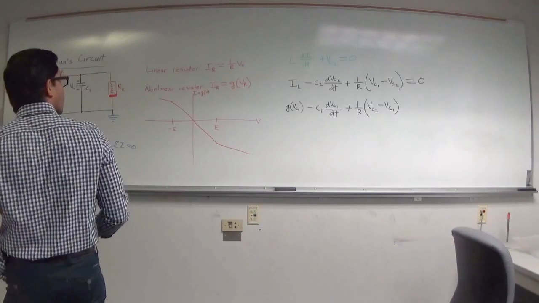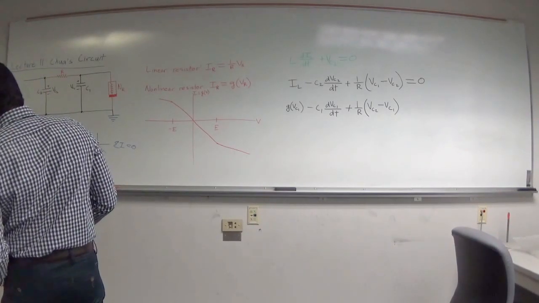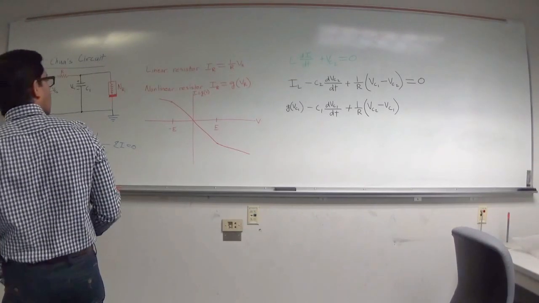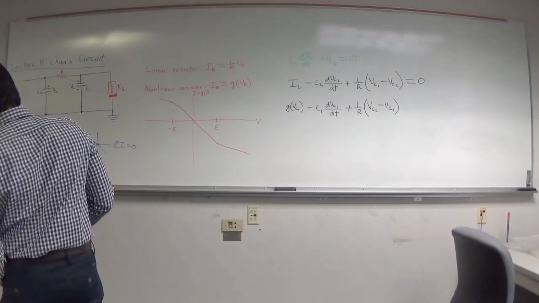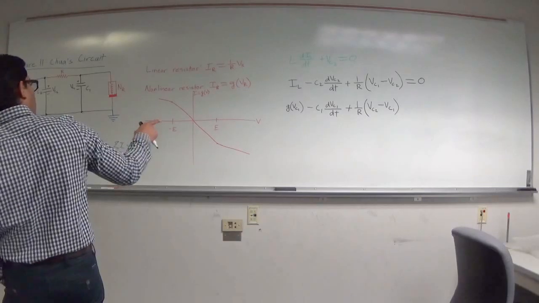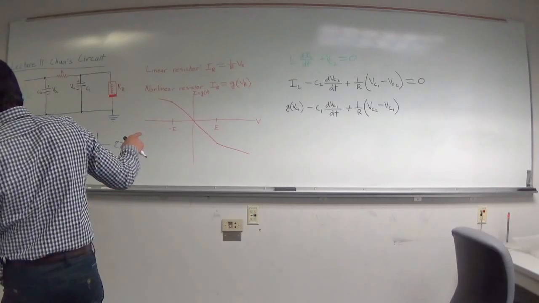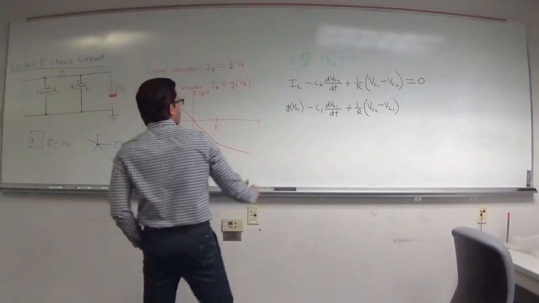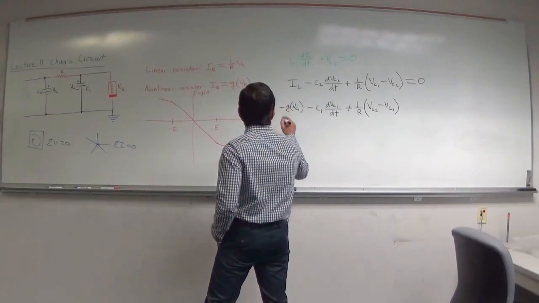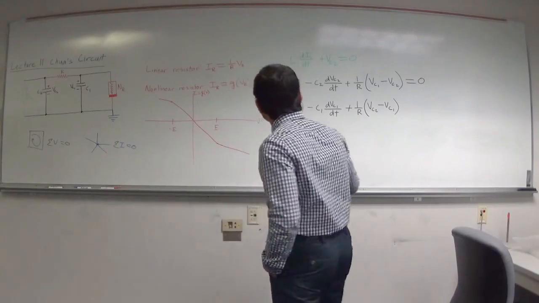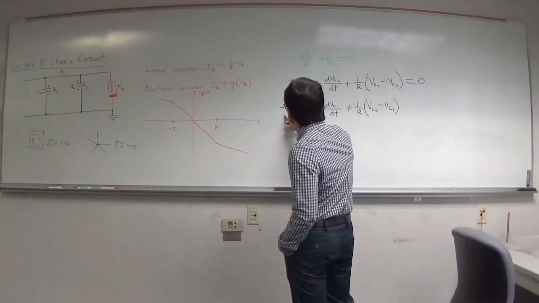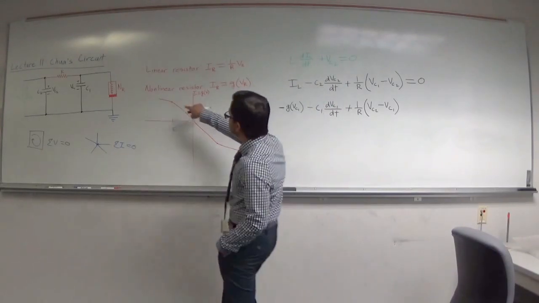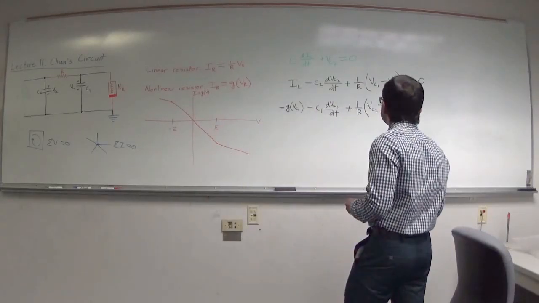And then I believe everything is correct. Or is that one minus? Okay, yeah, by convention, it looks like this is minus. But we can make it plus, it doesn't really matter. So this depends on how we draw this curve.